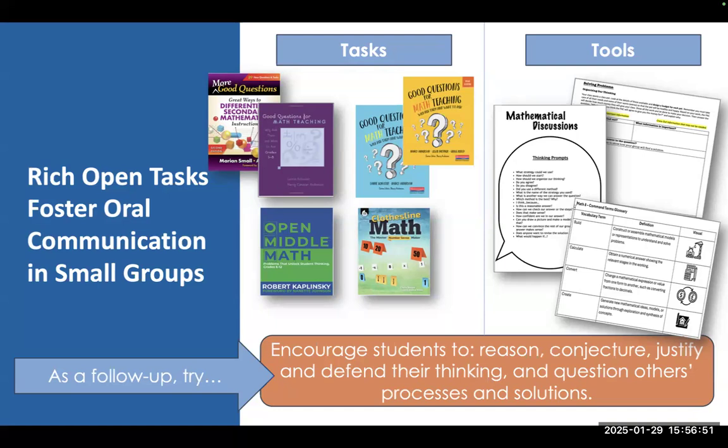So some sources for particular rich open tasks are shown on the left, but some helpful tools to provide students when they're having discussions and going through solution-based problems together are graphic organizers. There are some mathematical discussion thinking prompts there to get students started.